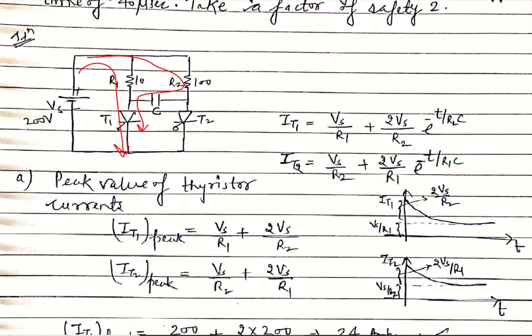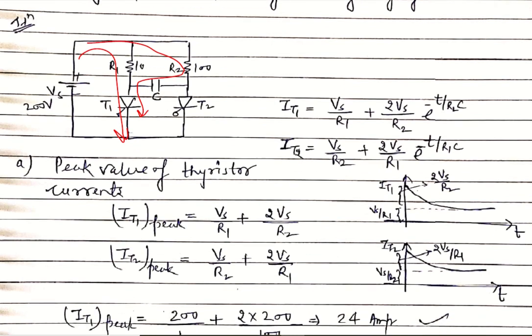When T1 is on, IR1 flows through the R1 resistor, through thyristor T1 and back to the supply, and the second current flows through the R2 C combination. Due to the R and C components, it will be exponential in nature. Similarly, IT2 will be calculated when thyristor T2 is in the turn on condition.